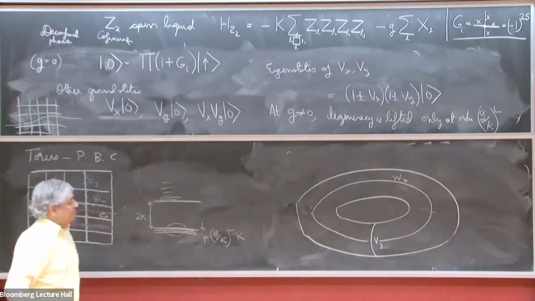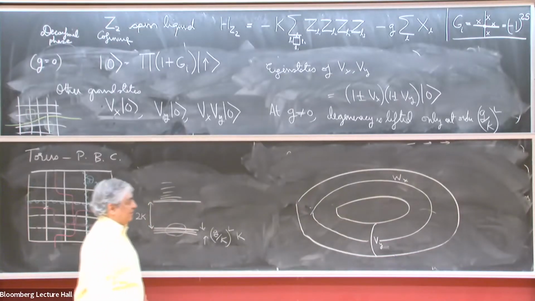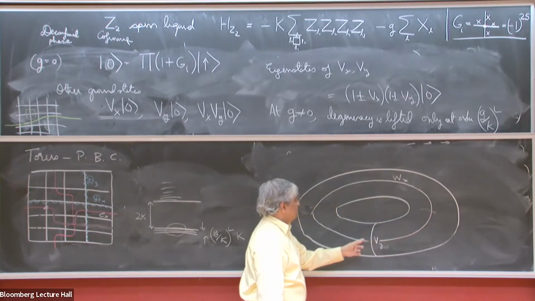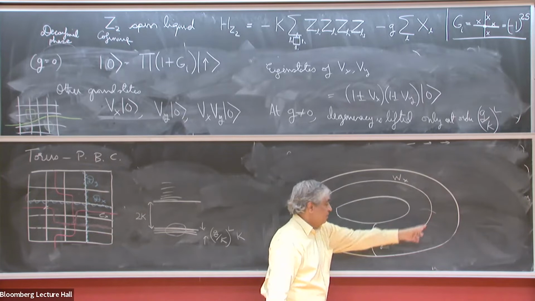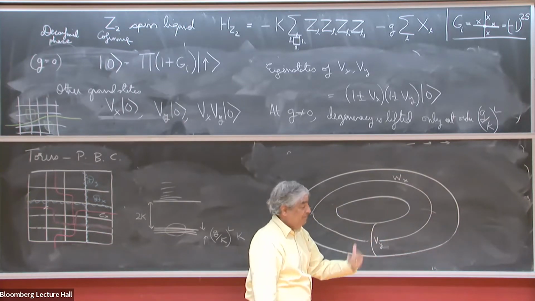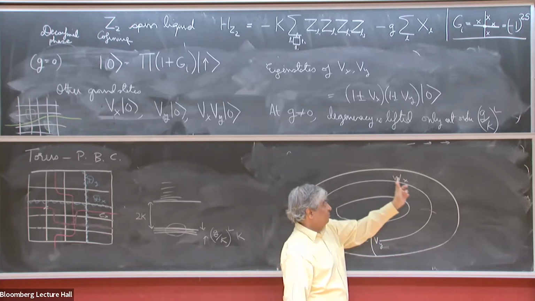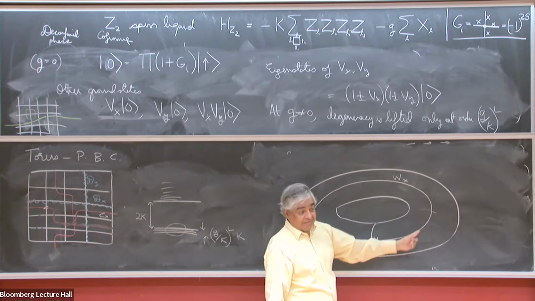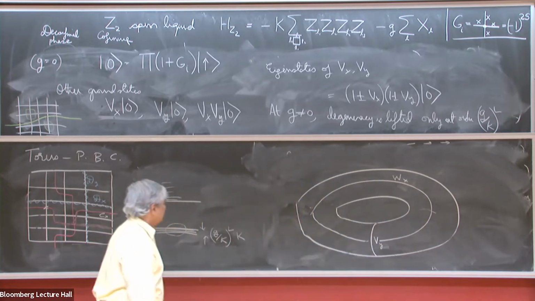In fact, I showed you then the eigenstate of Wx. This state will have an eigenvalue of Wx which is negative; it has flipped its sign. So if I take the W operator as a product of Z's in this big loop, I get the opposite sign. Now, what does that mean?